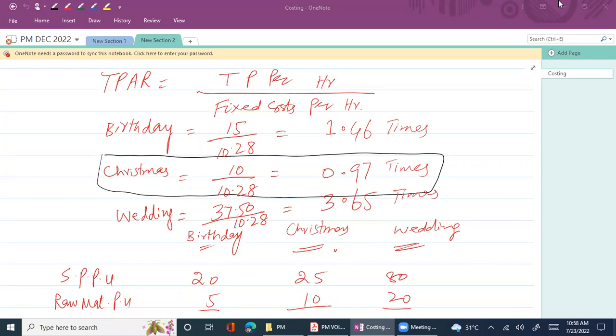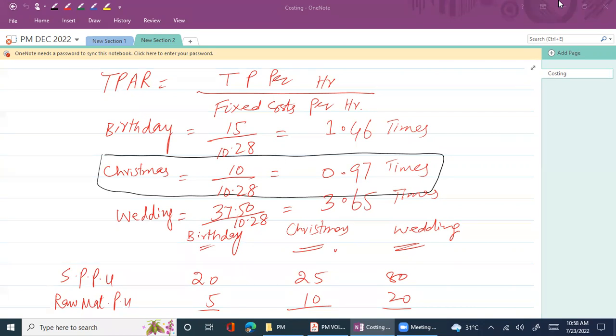But here, our total profitability will be better if we drop the Christmas cake, because if we are not having the Christmas cake, we will not be having that loss. So our total profit will be higher from birthday and wedding.